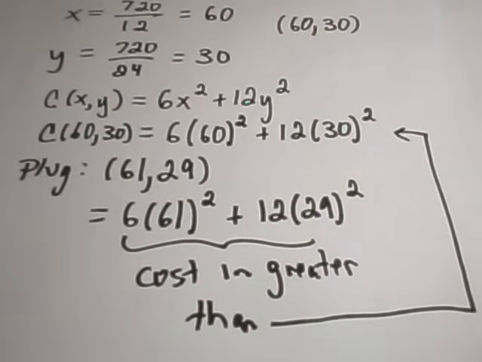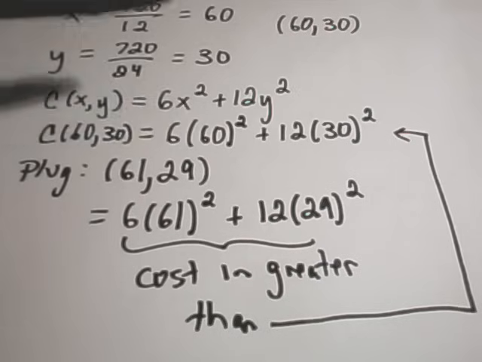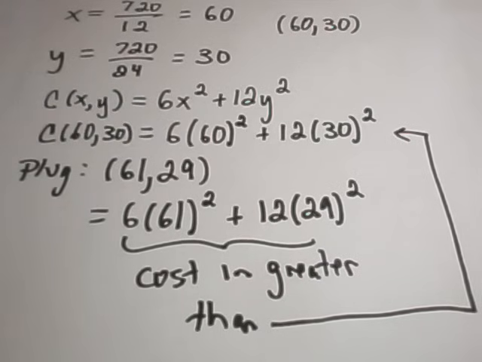So since you can make the cost greater, that justifies that it was either a maximum or a minimum, and we can make it bigger, so this must be a minimum.